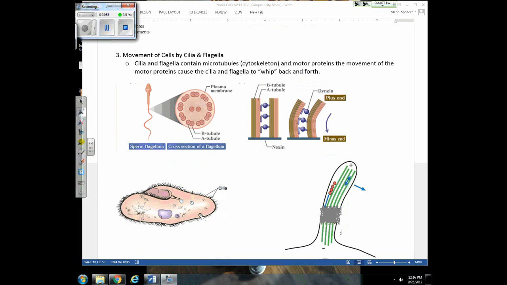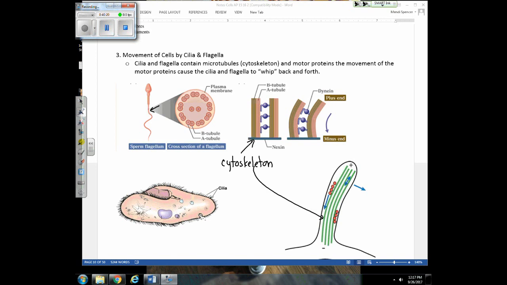Again, you don't have to be able to explain to me how motor proteins and cytoskeleton interact to make flagella and cilia move, but you need to just be able to tell me that that's the reason why they're able to move. If we zoom in to the flagella of a sperm cell, then what we're going to see is rows of cytoskeleton. So this would be the cytoskeleton. And it's even diagrammed as these long green beams right here.